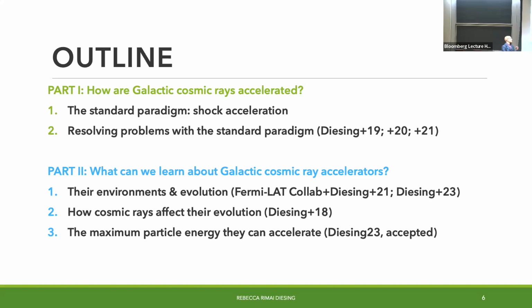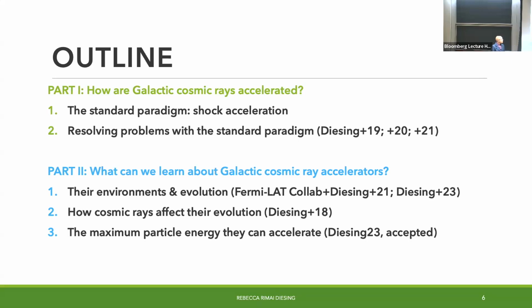So if we believe these resolutions of the standard paradigm and we have a framework for how these are accelerated, what can we learn about the environments and evolution of things like supernova remnants? You could also apply this to novae or AGN winds. There are a lot of different contexts in which this applies. I'll also talk about how cosmic rays themselves can affect the evolution of shocks, particularly supernova remnants near the ends of their lives.